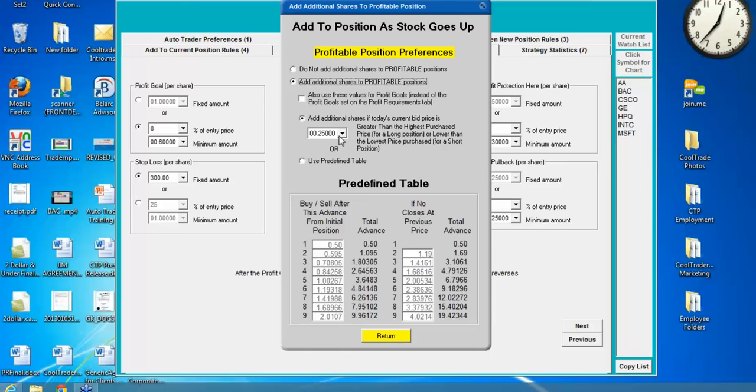And you could keep adding to your position as the stock is going up. We also have predefined tables which have already been built for you, and this is just a starting point if you want to use it, but to statistically give you the highest probability for success, you could use this predefined table, and the robotic trader would add accordingly.